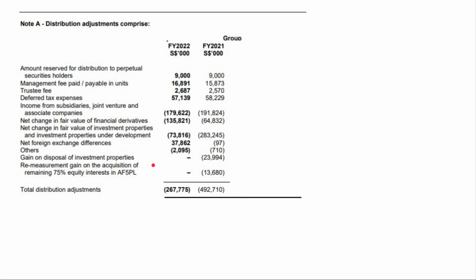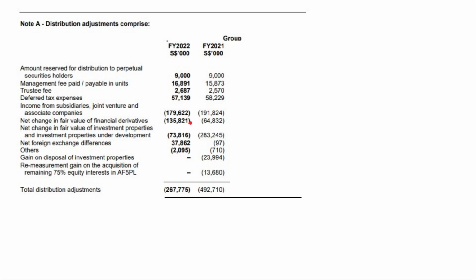You can see that the difference between the EPS over here and then the DPU over here will mostly be non-cash items. If you look at it, it's mostly from the fair value changes. First of all, the financial derivatives. So for a REIT, normally it employs interest rate swaps or IRSs or FX hedges if it has operations overseas. So all this stuff and the derivatives are subject to MTM changes on a yearly basis.